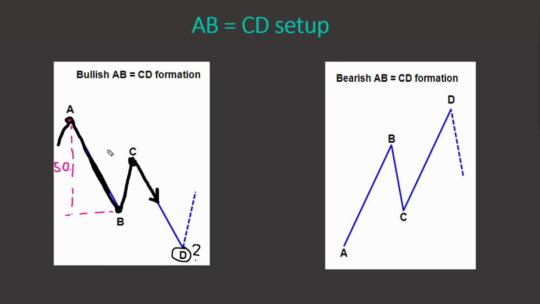What you do next is take the swing point C and measure also 50 pips from the point C, 50 pips below C. There's your level D. So you identify the level D, and from there you enter your trade. You go long from there.